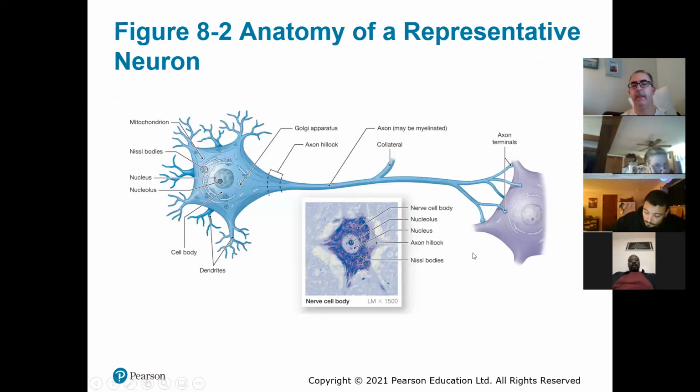The axon terminals are the part of the neuron that interacts with the next neuron. So in purple here, you can see kind of a cell body of another neuron, and you can see some of the dendrites. So the axon terminals are kind of sending their information into the dendrites of this next neuron. So you've got a big chain of neurons.